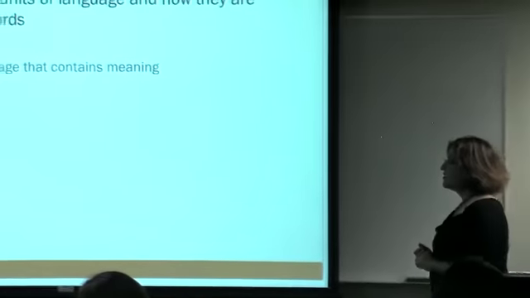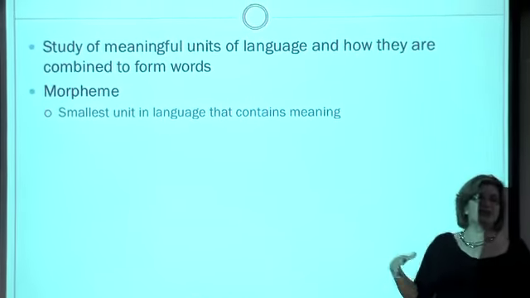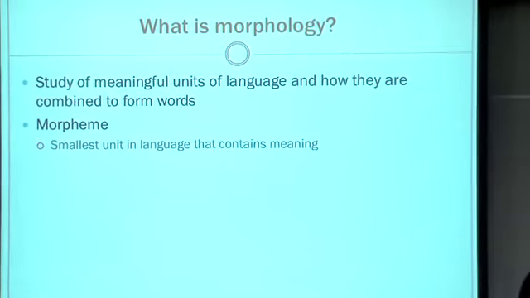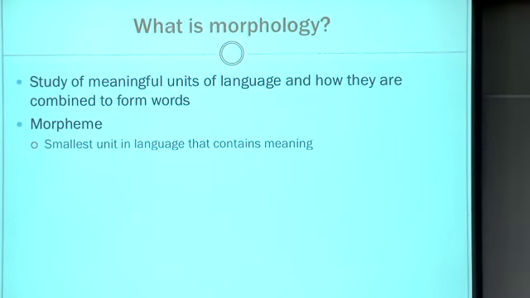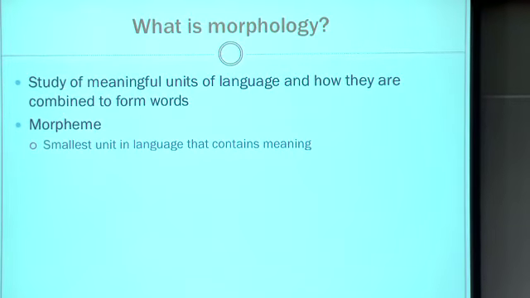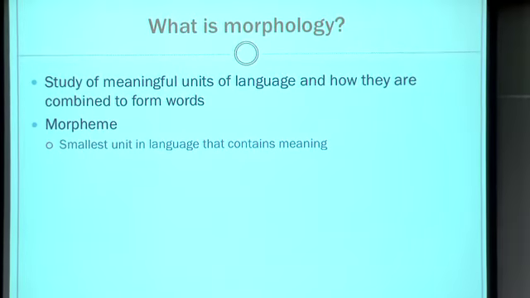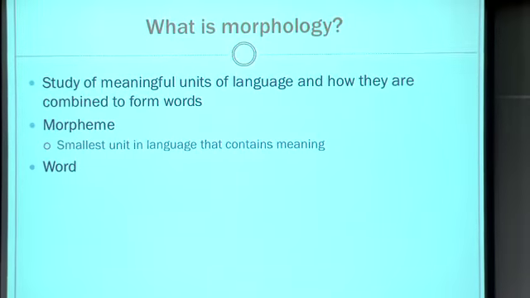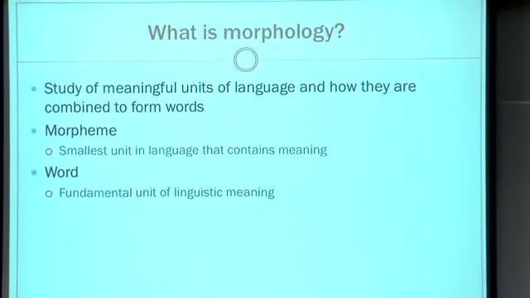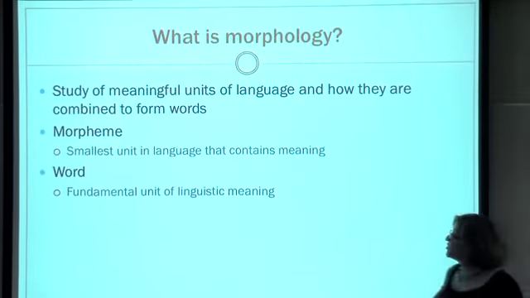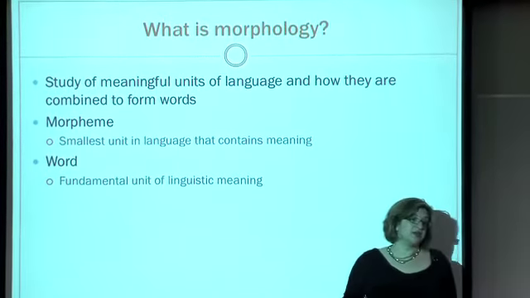So a morpheme, as the textbook notes, there isn't a universal accepted definition of morpheme. So it's operationalized often as the smallest unit in language that contains a meaning. It can be a word, and words are the fundamental units of linguistic meaning.